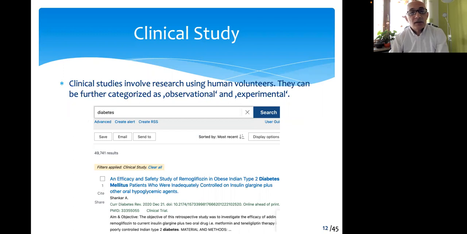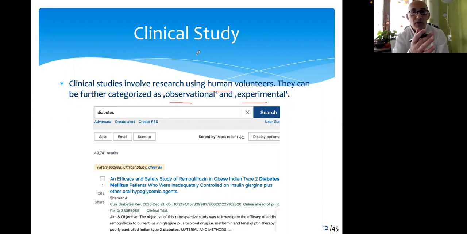Another study type is the clinical study. If you hear the term clinical study, it means it involves research using human volunteers. So it is on humans. They can be further categorized as observational or experimental. Clinical studies can also be experimental, of course.